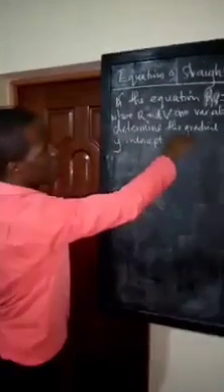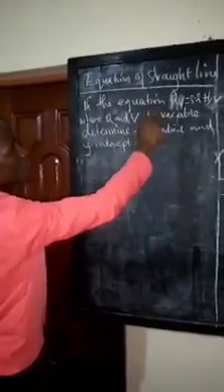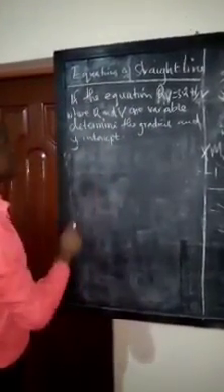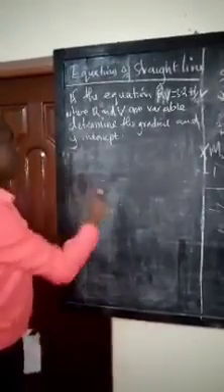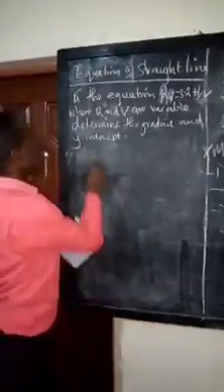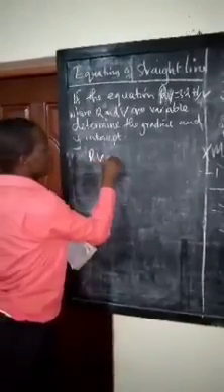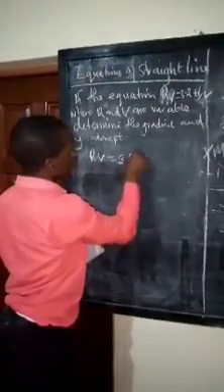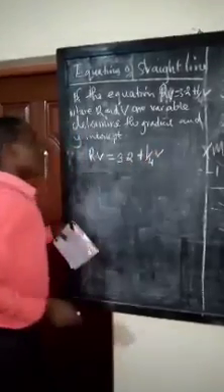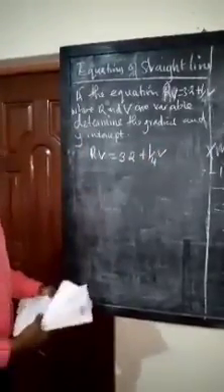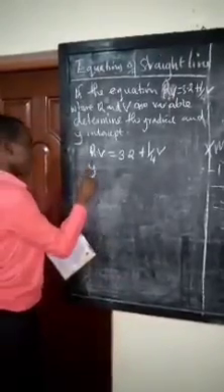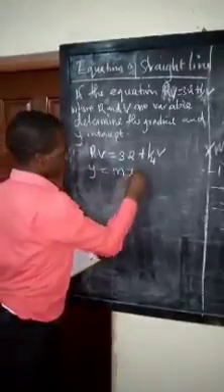Now, in our case here, we have RV equals 3.2 plus a quarter V, where R and V are variables. Determine the gradient and the y-intercept. Our first step is trying to write the equation in the form of y equals mx plus c.